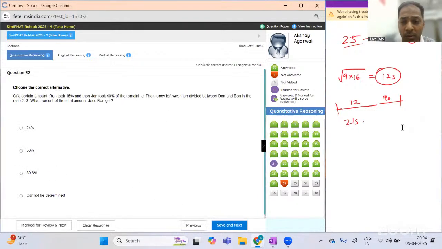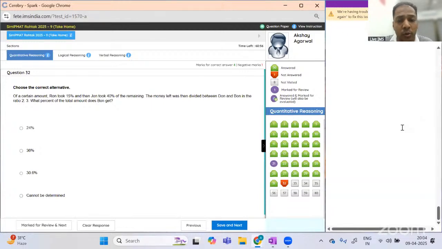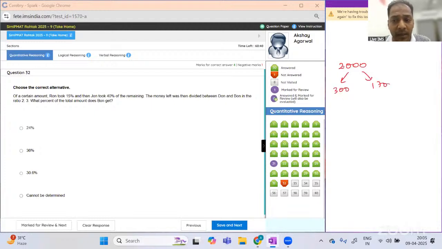Of a certain amount, Ron took 15% and John took 40% of the remaining. Okay, so let me take a bigger number, say 2000. Ron took 15%, so 300. Remaining is 1700. John took 40% of it, so John took 680. So now what is left is 1020.